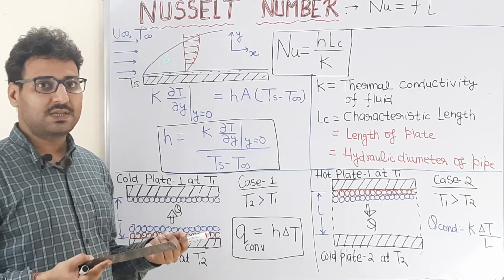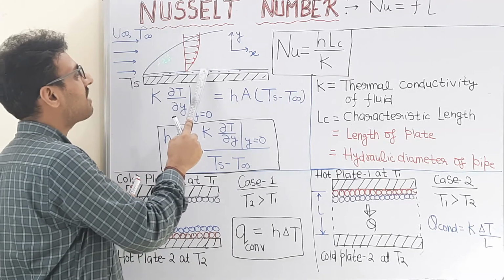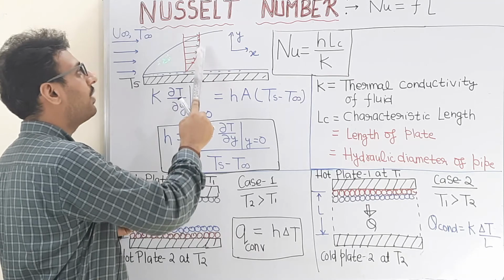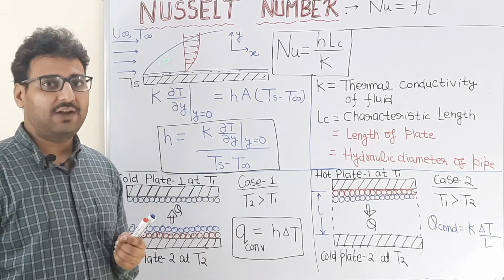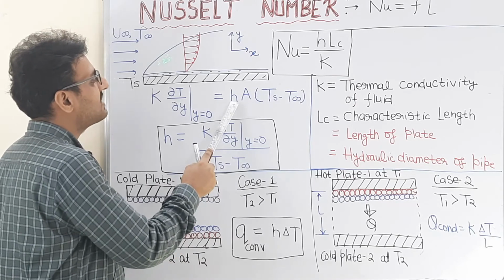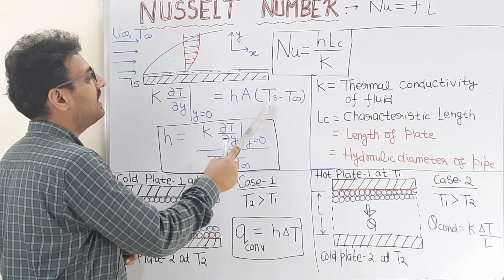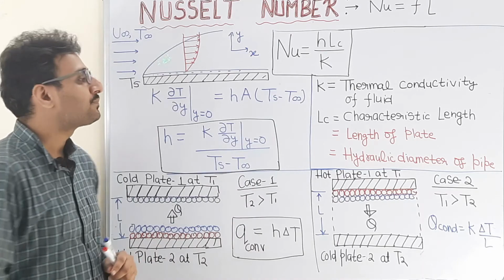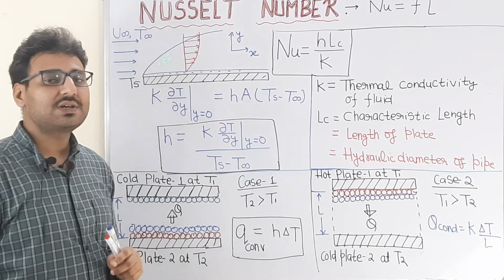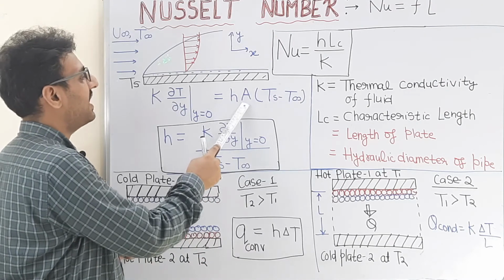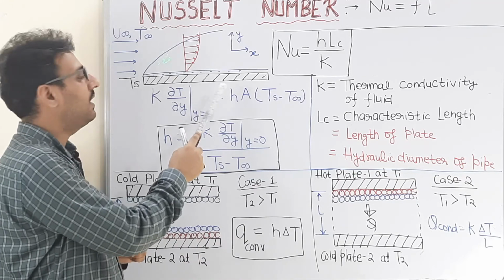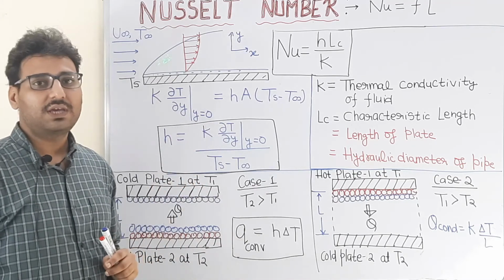Now from the energy principle, whatever heat is transferred to this layer is carried away by further layers by advection or convection, and this is given by h(Ts minus T infinity). The heat transferred by convection is given by Newton's law of cooling, which is h(Ts minus T infinity), and from the energy principle they should be equal to each other.